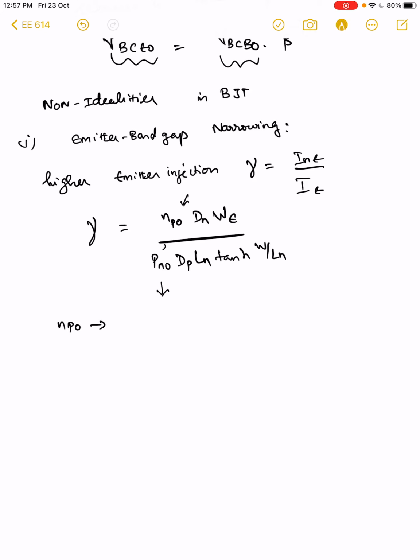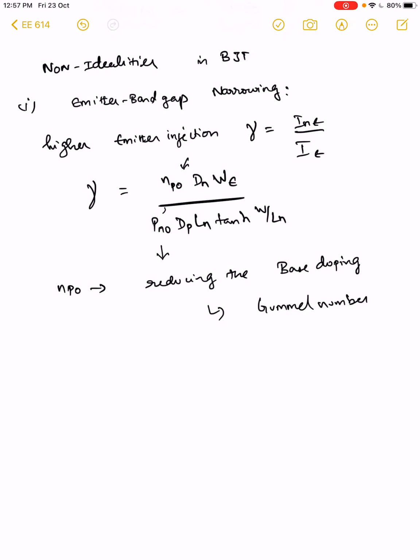So NP naught can be increased by reducing the base doping, right? Because of law of mass action, you know that if you reduce base doping, you can increase NP naught. And base doping is given by the Gummel factor, Gummel number, right? Integrated doping density in the base. Another way to increase injection is reducing Pn naught.